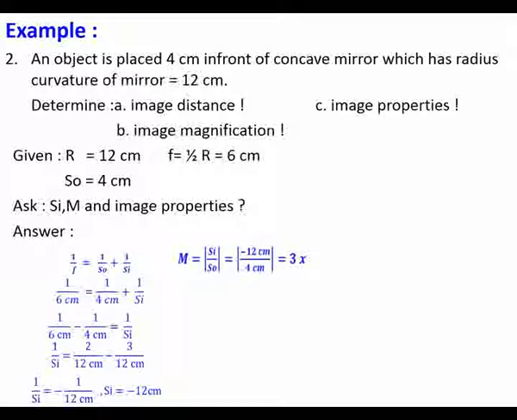Because it is 3 times, the image is magnified. For question C, image properties, from the answers to questions A and B, the image properties are virtual, upright, and magnified.